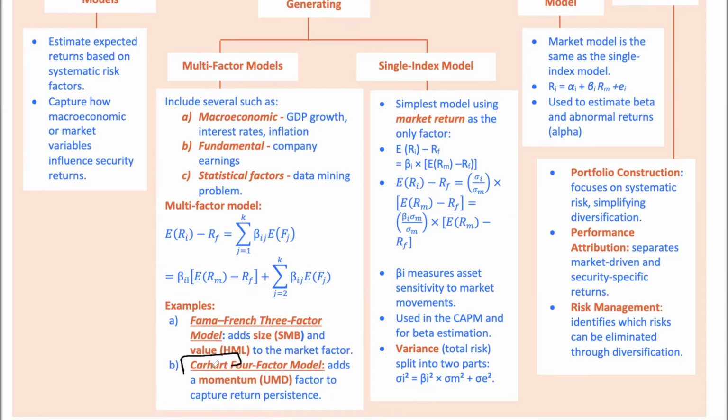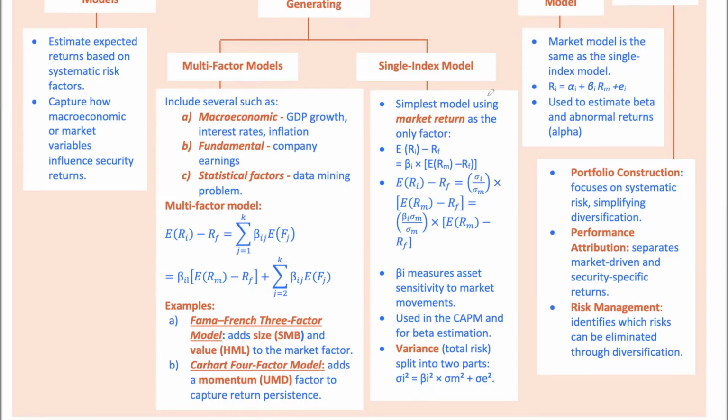Later, Mark Carhart added a momentum factor. Stocks that have recently performed well tend to keep doing well for a while. So the four-factor model became the go-to in asset pricing and performance evaluation. If you're ever in an interview and someone mentions Carhart, you'll sound sharp if you can say, "Oh, you mean the Fama-French three-factor model plus momentum."